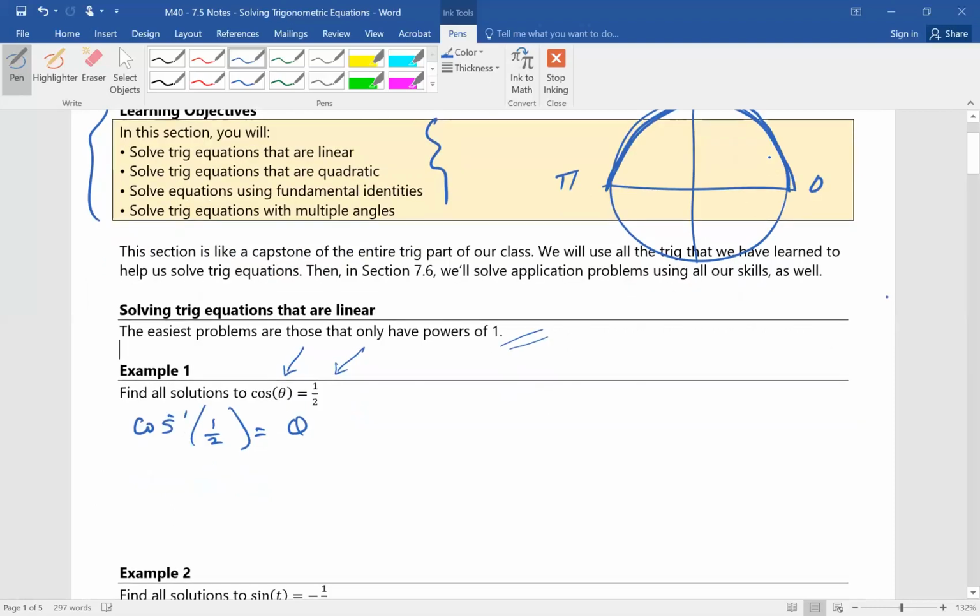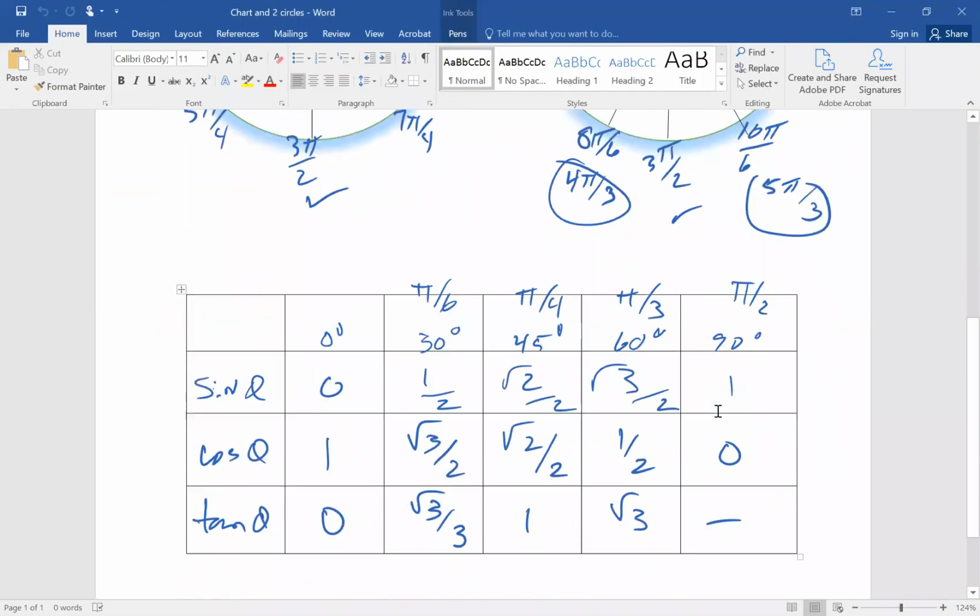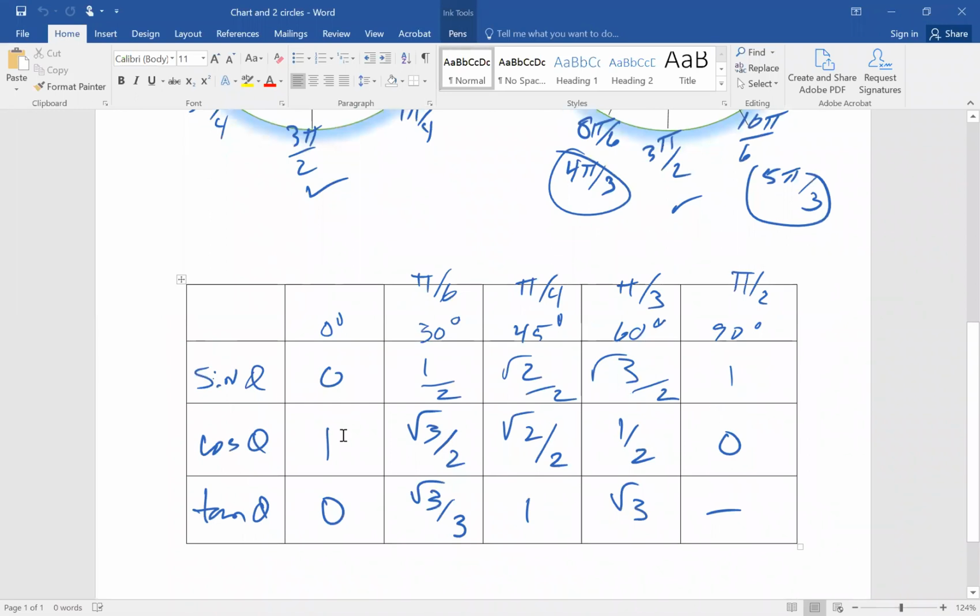What angle, if you're looking at your chart and 2 circles, gives you 1/2 for cosine? You should be looking at your chart by now. It's probably 60 degrees in your chart. And I was not fooling around. I do have my chart and 2 circles up, which you guys can reference if you want. You should be able to see that. So 60 degrees, or pi over 3, is going to give me cosine of 1/2.